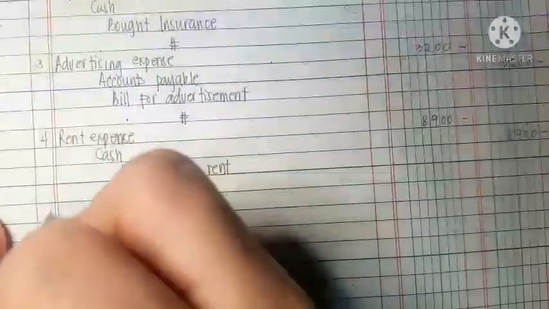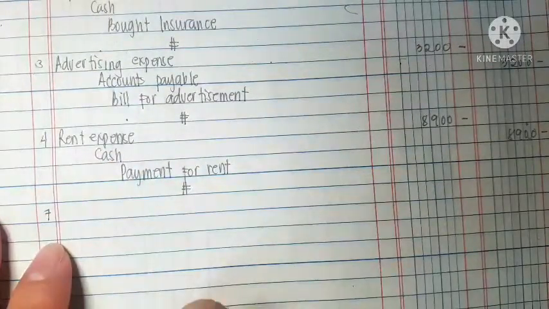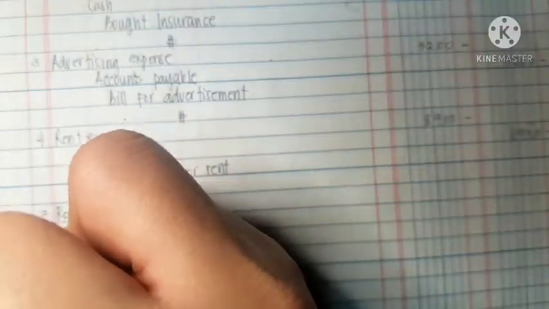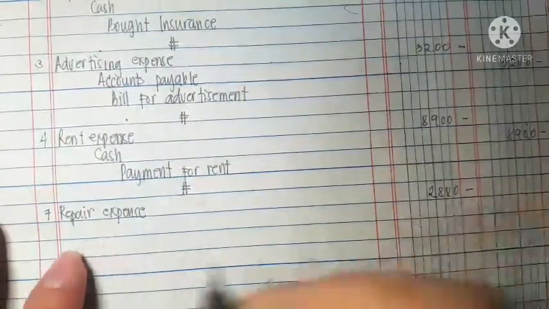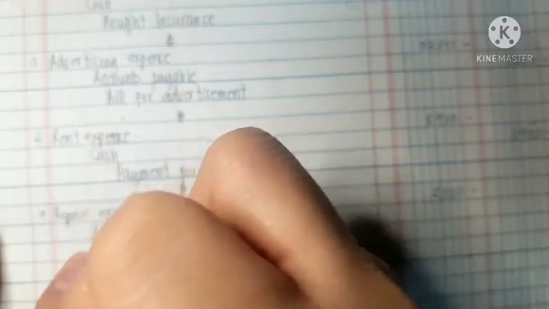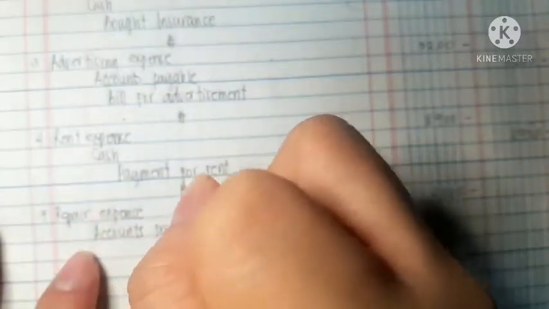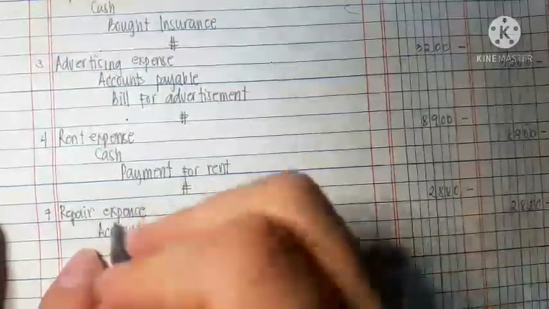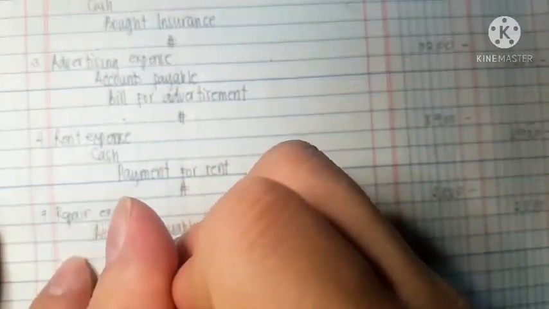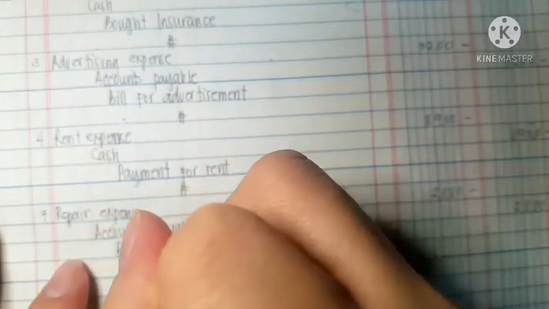October 7, we debit repair expense for 2,880, and we credit accounts payable for 2,880. Explanation: bill for repair.